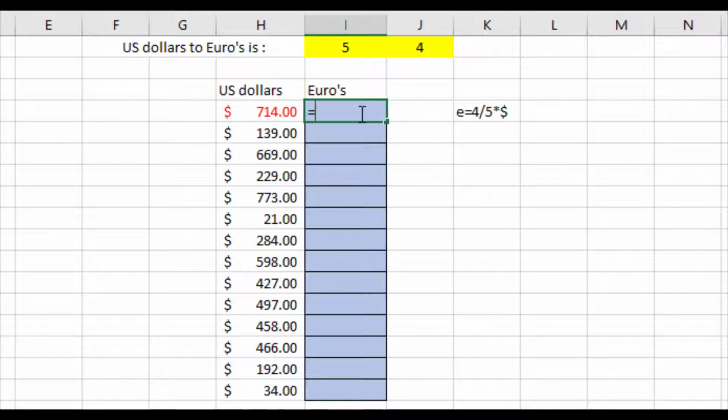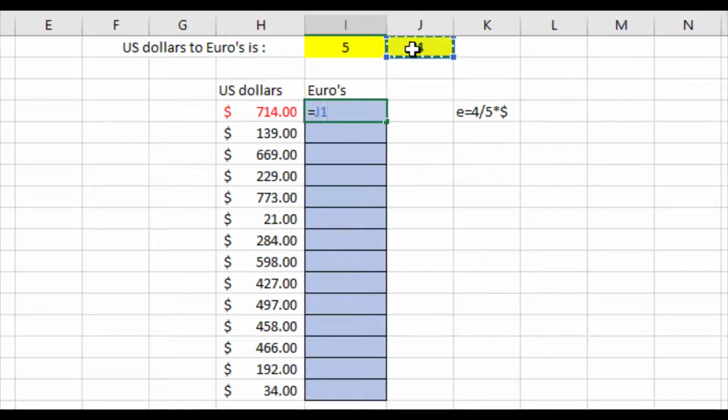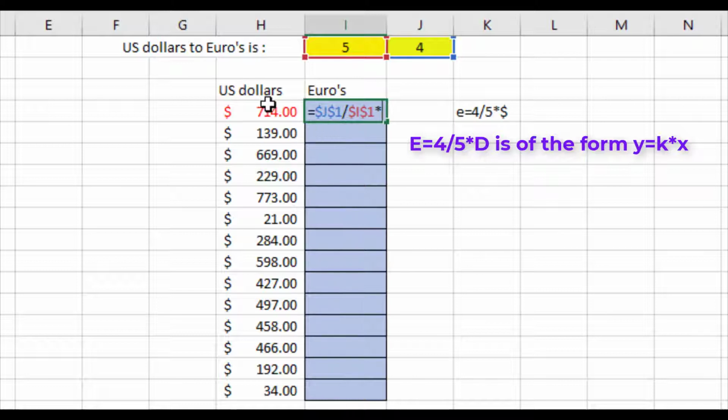So we have euros equals, and we can use these up here, 4 lock divided by 5 lock times that amount of dollars, 714. And I changed the currency symbol to euros here, which you can do up top.